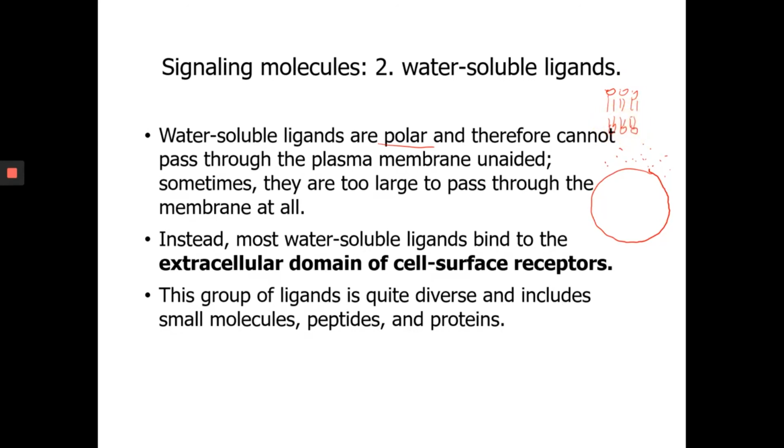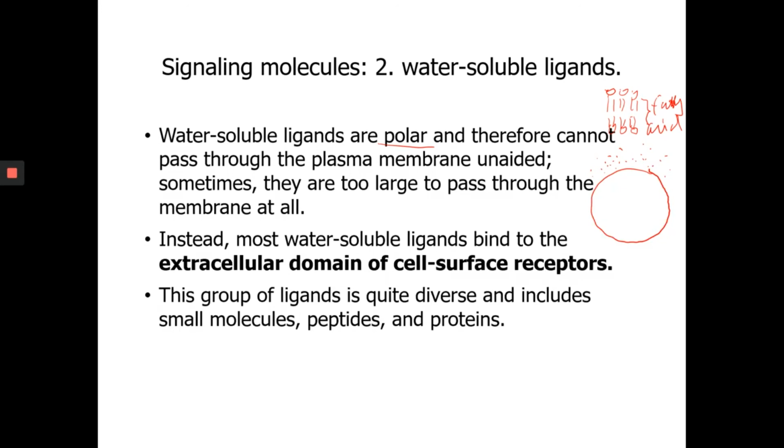Because of the phospholipid backbone and the fatty acid tails, which are really hydrophobic. So polar molecules cannot cross the cell membrane very easily. They're all kind of blocked in here.